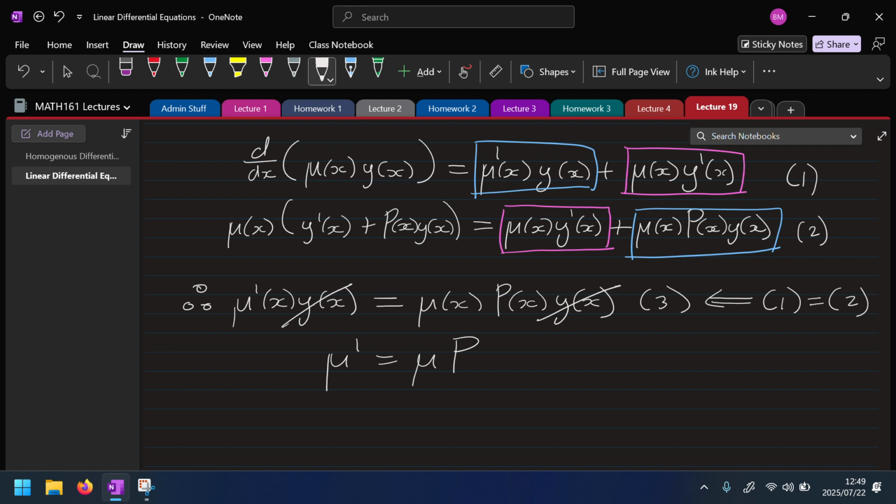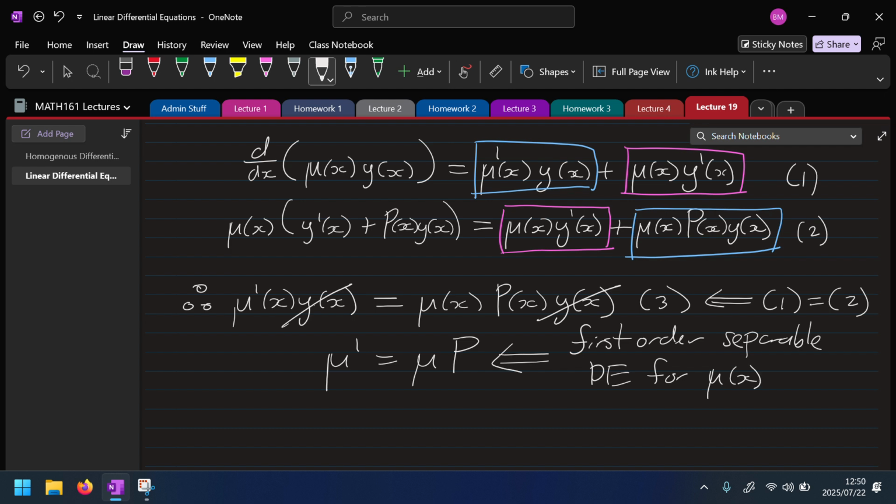Okay, it's first order, it's linear. In fact, it is separable. So that right-hand side there is separable. So we end up with a first order separable differential equation for mu of x.